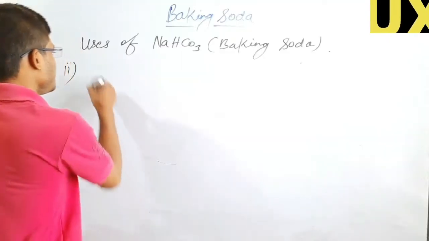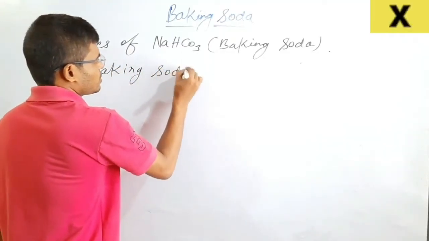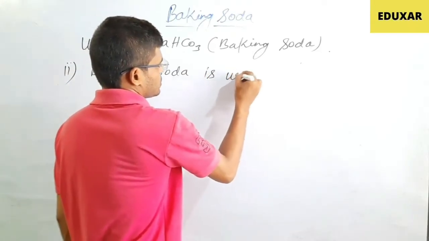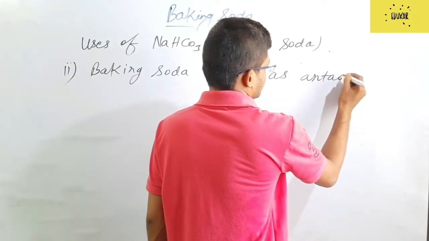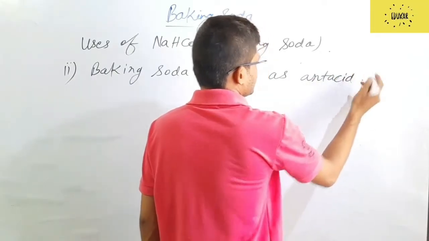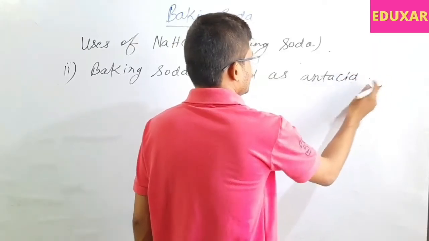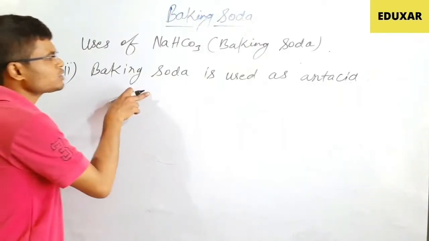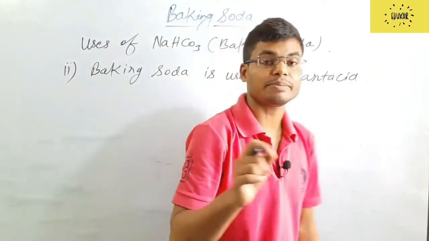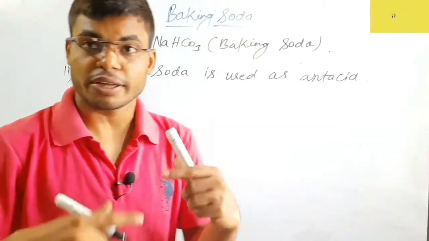NaHCO3, baking soda, is used as an antacid. Okay, write down antacid. So this baking soda is used as the antacid. It means what? It can neutralize the acid in your body.